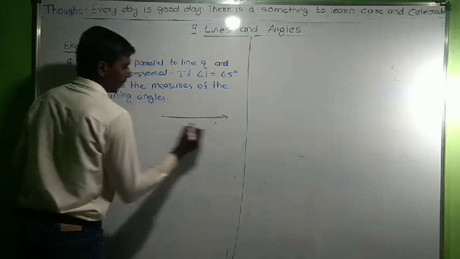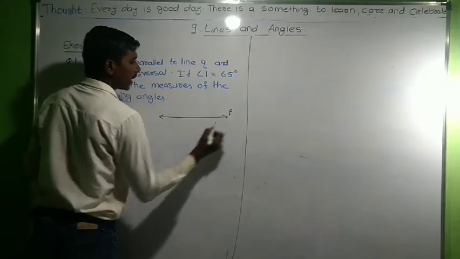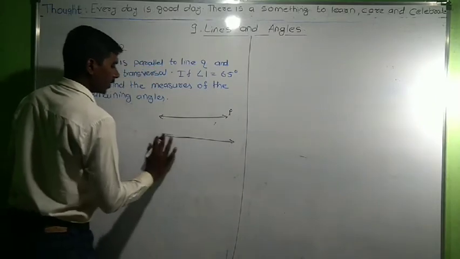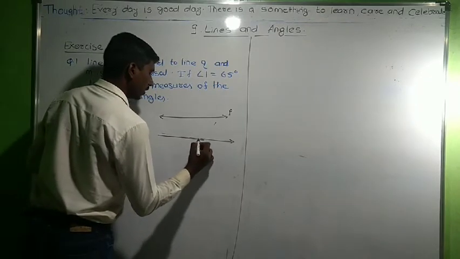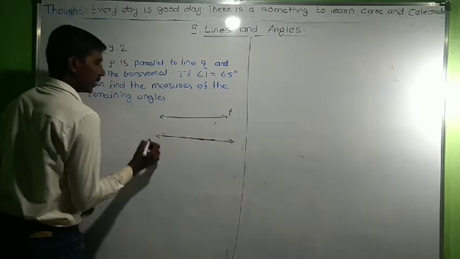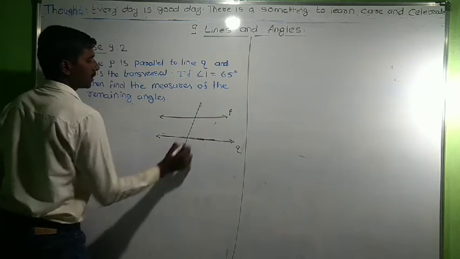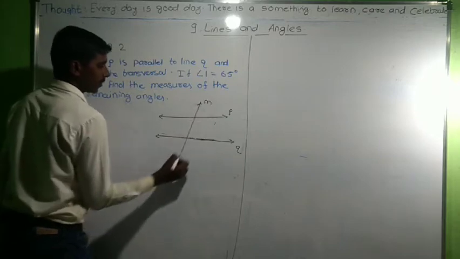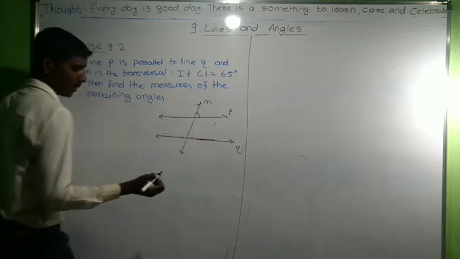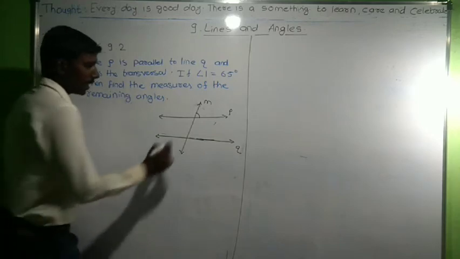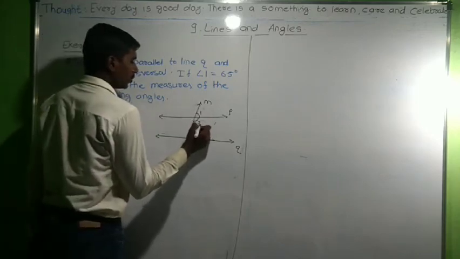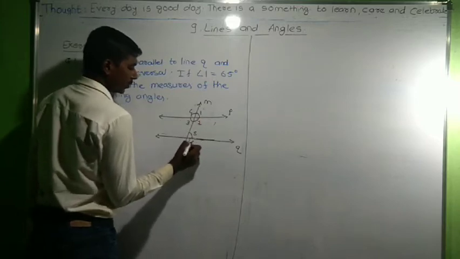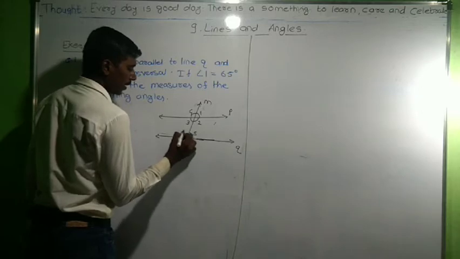Line P is parallel to line Q. Suppose this is line P and this is line Q, and these two lines are parallel to each other, and the transversal is M. The angles formed by the transversal on the two parallel lines are 1, 2, 3, 4, 5, 6, 7 and 8.